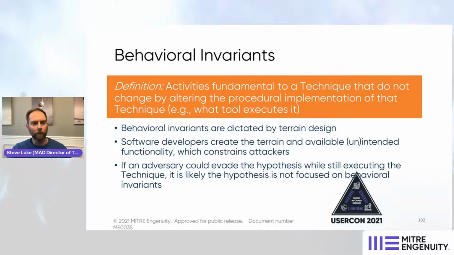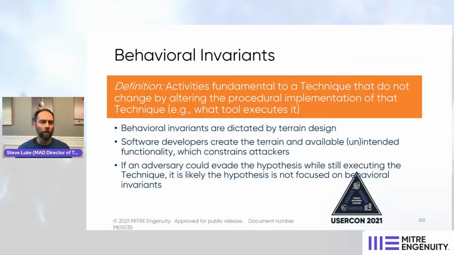One of the first things that we advocate is that you research the technique with the goal of finding what we call behavioral invariants. These are the behaviors that occur independently of which tool the adversary is using, what their C2 infrastructure looks like, or the particular procedural implementation that they use. You might not always find a behavioral invariant.